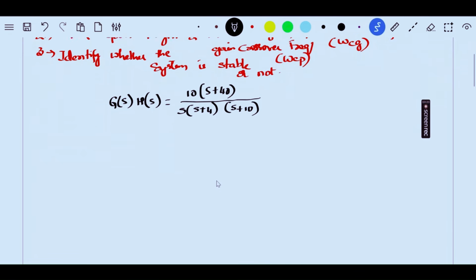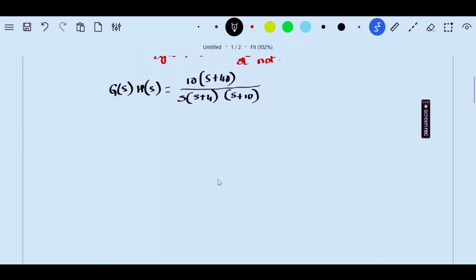For this particular problem, the first thing we will be working on is to do the calculations for plotting the magnitude curve.